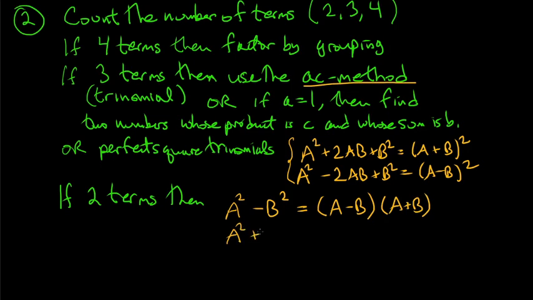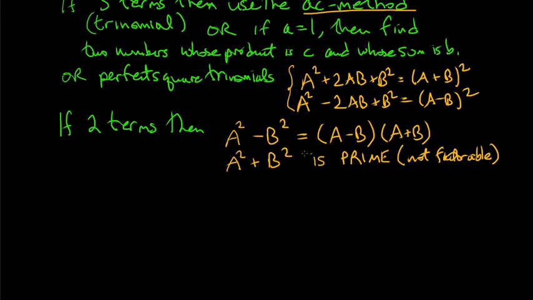It could be the sum of two squares, a squared plus b squared. If that's the case, you're in luck, because that's going to be prime, right? Or not factorable. At least as far as we're concerned.